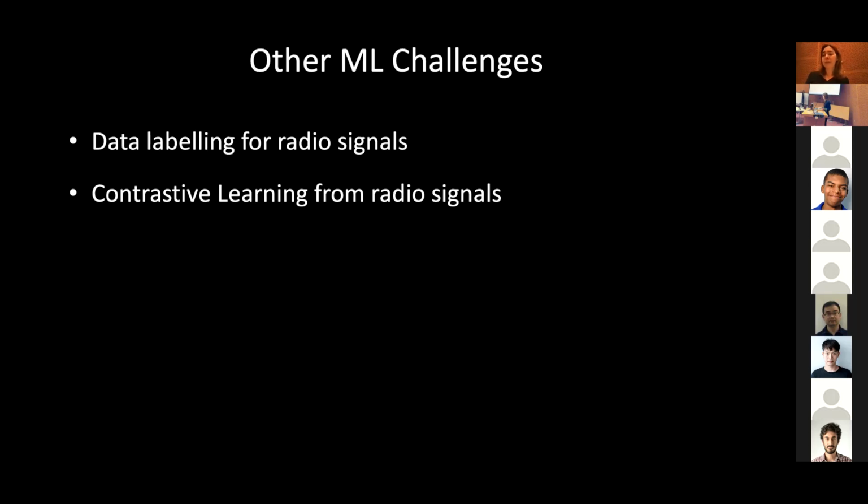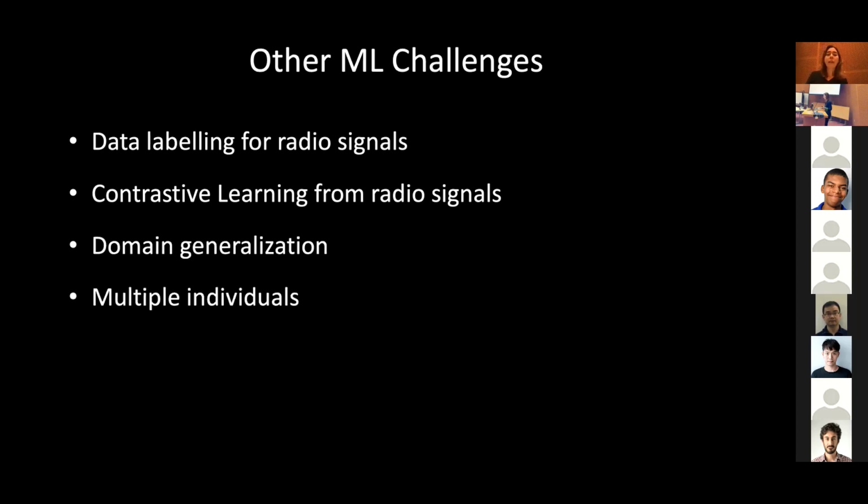So you have to think about new ways of expanding contrastive learning to these environments. Another thing is, I talked about domain adaptation, but really it's much more complex, because the whole distribution might be completely different from one person to another person. It's not just simple domain shifts. The third thing is, I just told you about a single individual.